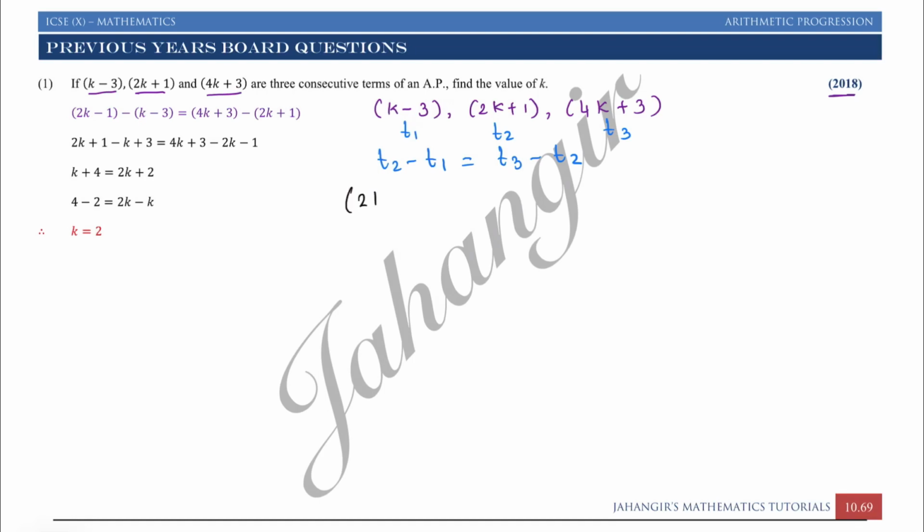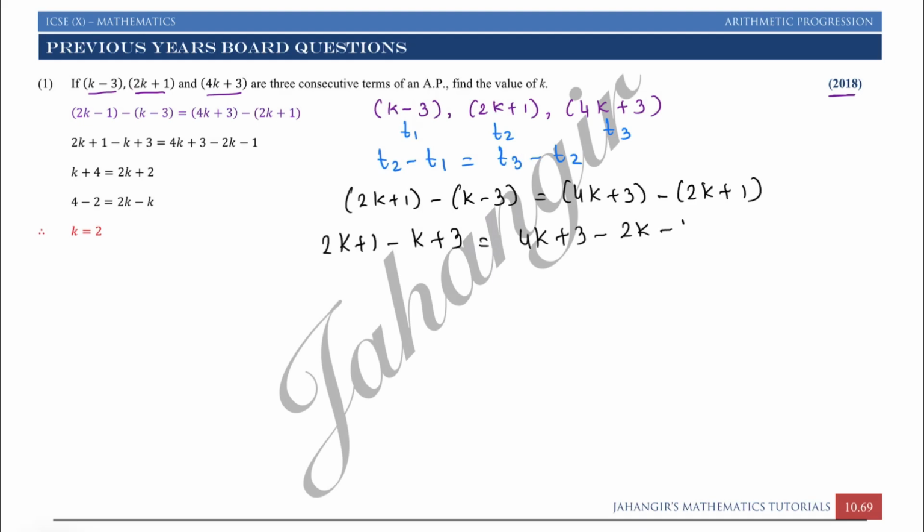Now substitute value: 2k plus 1 minus k minus 3 is equal to 4k plus 3 minus 2k plus 1. We will open bracket, 2k plus 1 minus k plus 3 is equal to 4k plus 3 minus 2k minus 1. So we will solve like terms.